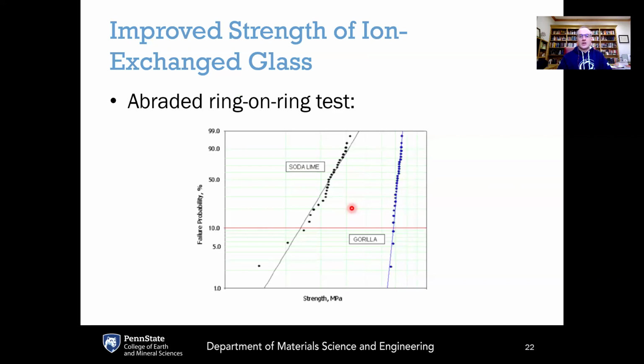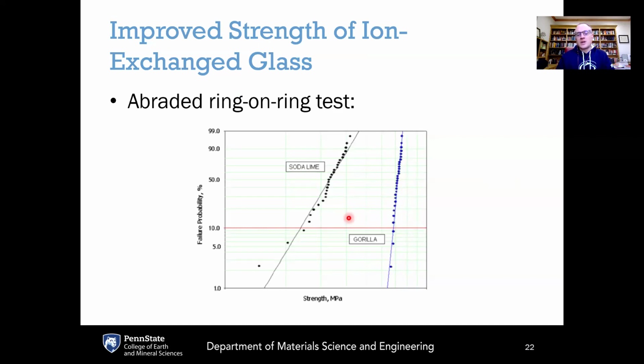So the overall improvements that we see are quite significant. This shows Weibull plots that have the failure probability versus the applied stress. And this shows just an untreated standard soda-lime silicate glass versus a Gorilla Glass that is chemically strengthened. The numbers on the x-axis have been kindly removed by lawyers, but you can see that this is shifted to a much higher strength.